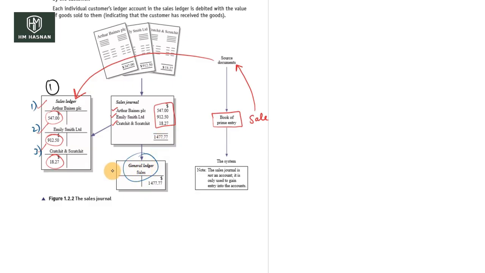So can we say that in the sales ledger we record every individual sale transaction, and in the general sales ledger we record the total of the individual sales ledgers? You have to remember this concept.